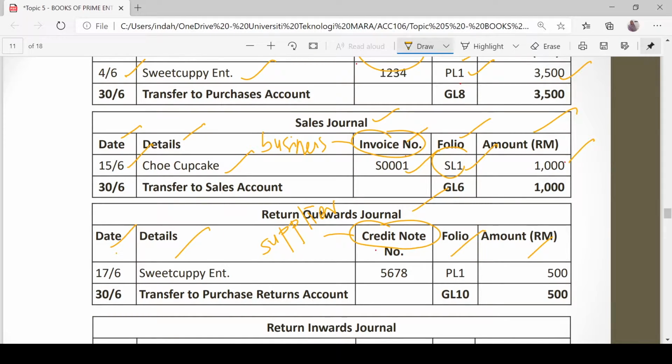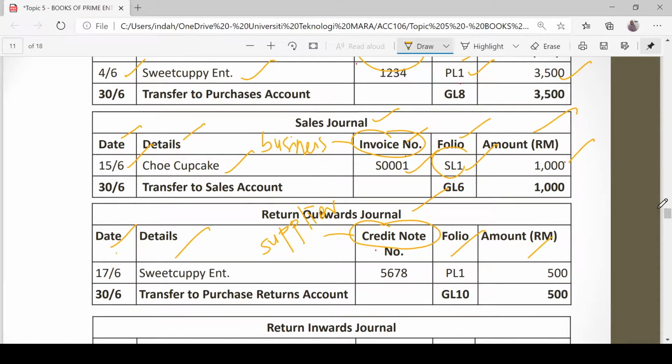The supplier created an account receivable for us, so they are going to credit whenever we return the goods.